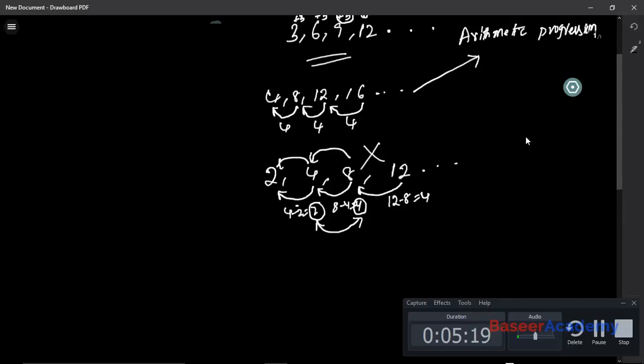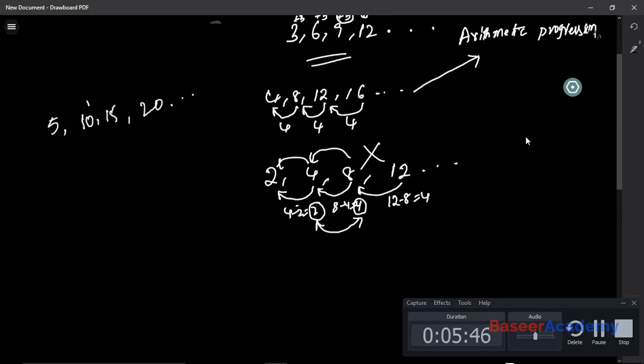So the easiest way of finding whether a list of numbers is an arithmetic progression is to find out the difference. If the difference is the same, then it's an arithmetic progression. Let me write down one last list of numbers here: 5, 10, 15, 20. Can you say that this list of numbers is an arithmetic progression?